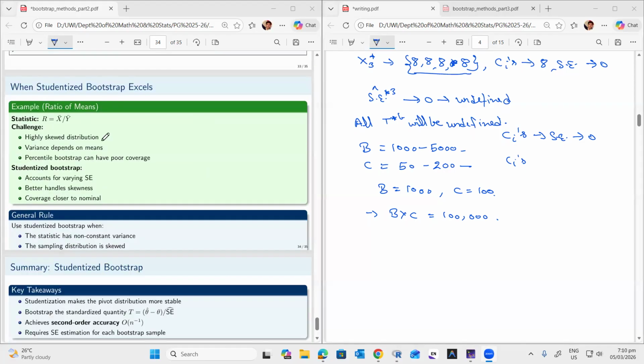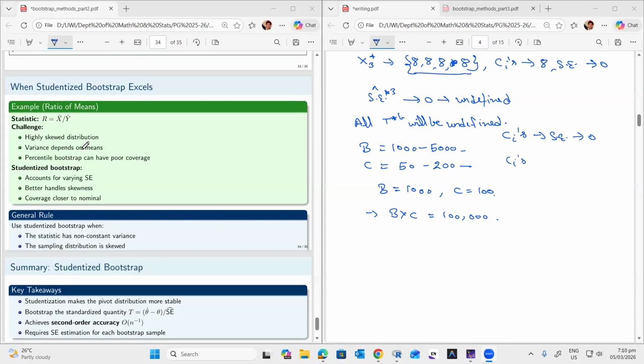And the challenge in the bootstrap is always the skewness. Okay, if it is highly skewed, the sampling distribution of R, the ratio, is typically skewed, especially when Y bar is very small, or it's a continuously varying variable. And second is that the variance depends on the mean.